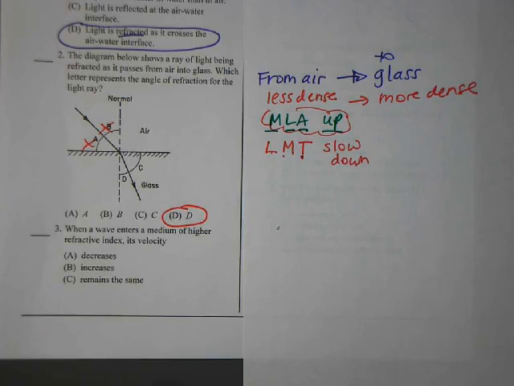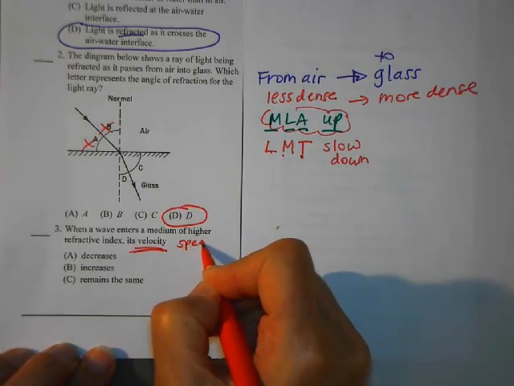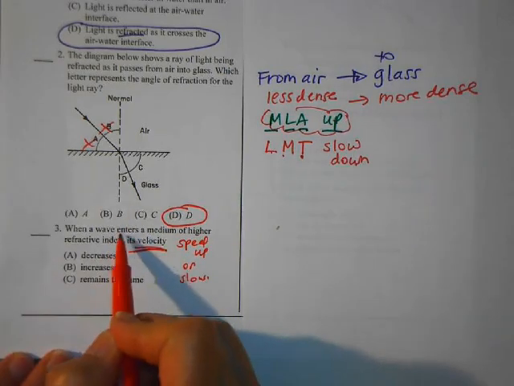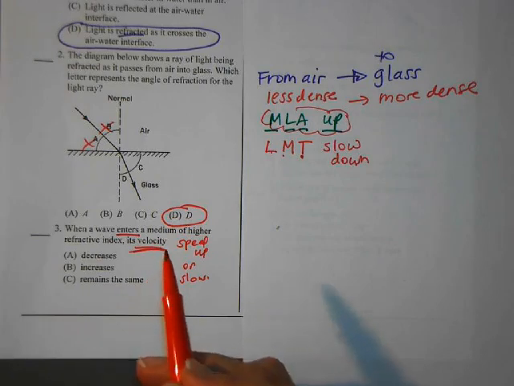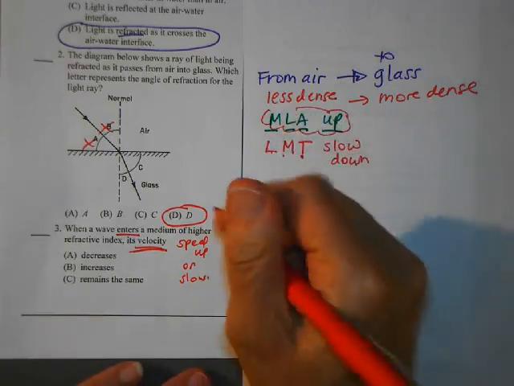When a wave enters a medium of higher refractive index, its velocity. So velocity means, is it going to speed up or is it going to slow down? So it says it's entering a medium of higher refractive index.